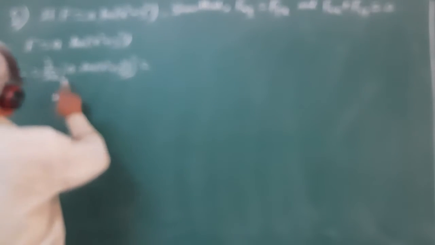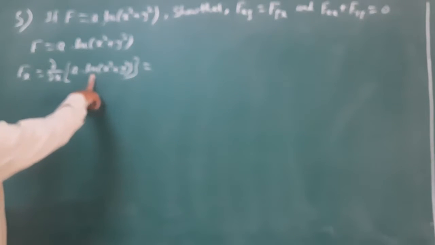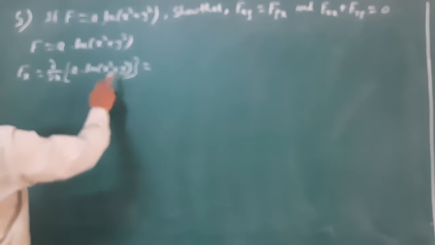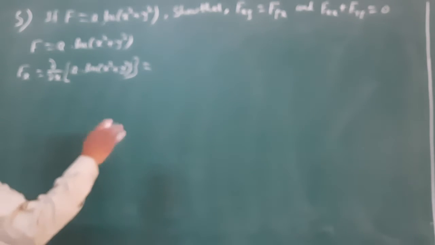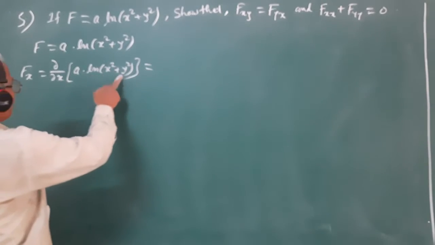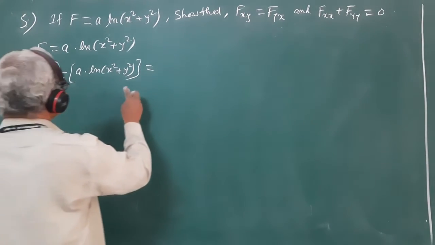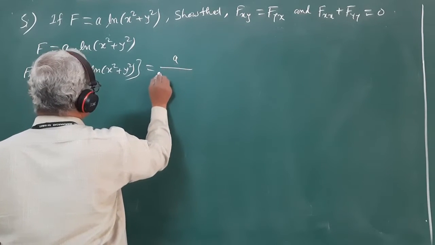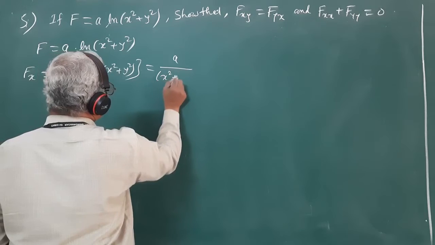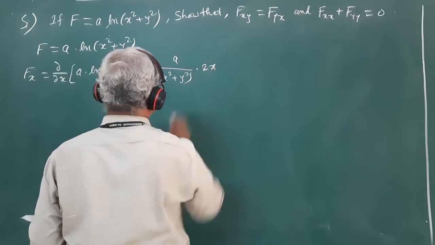So this is equal to differentiation of ln of x square plus y square is 1 upon x square plus y square into differentiation of x square plus y square with respect to x, which is twice x. So this works out to be a upon x square plus y square into twice x.